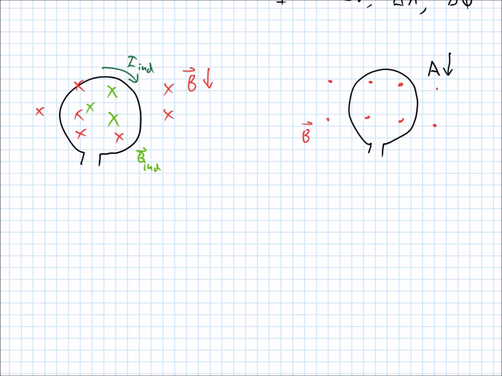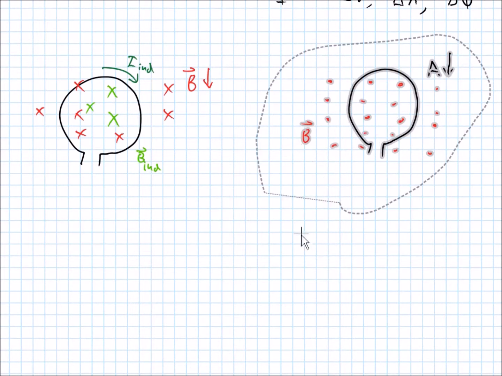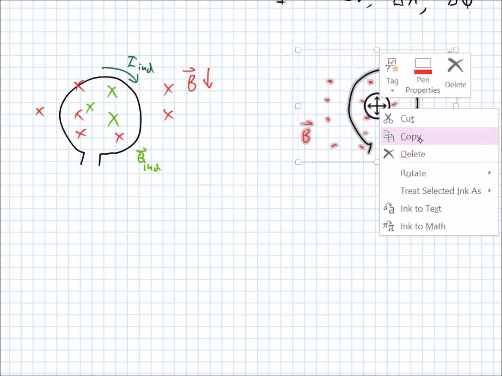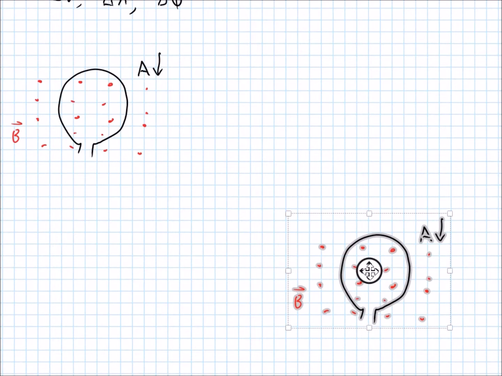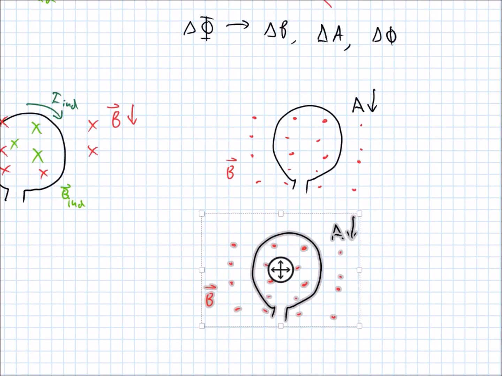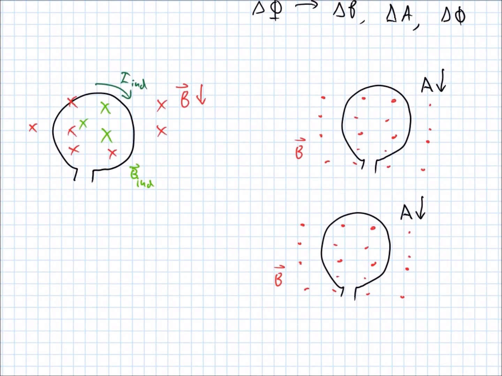I want a few more dots, actually. All right, so the area of this loop is going to decrease. Let me use my computery tools here to denote that. Not bad. So the area of the loop is decreasing.